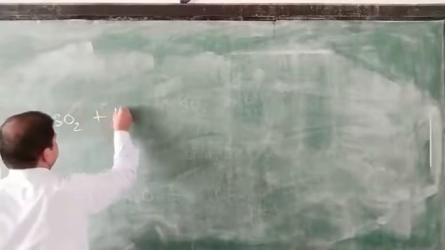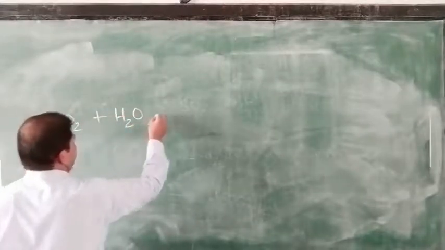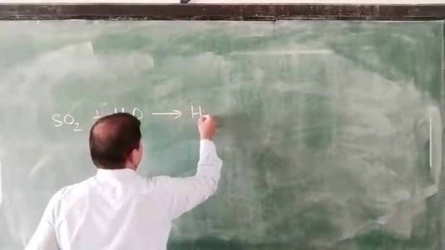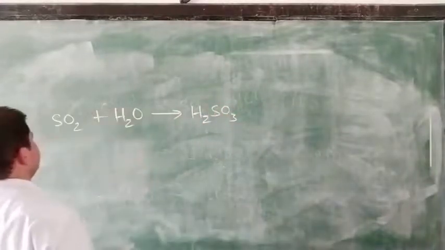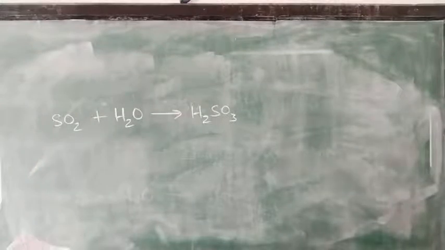So when sulfur dioxide reacts with water, we get sulfurous acid, H2SO3.